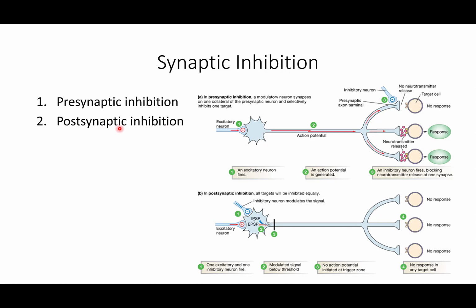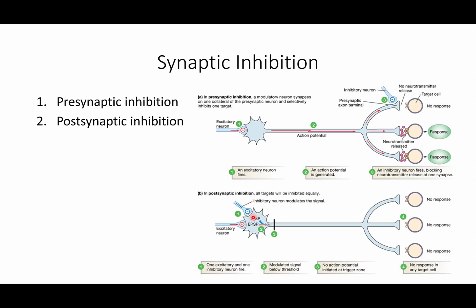Postsynaptic inhibition is now going to occur on the postsynaptic neuron itself and completely turn it off. So that's kind of what we were talking about on the previous one. Here we have an excitatory neuron. It releases neurotransmitters that then, say, open sodium gates that would cause an excitatory postsynaptic potential. But we could have an additional inhibitory neuron that releases neurotransmitters that open up, let's say, chloride gates.